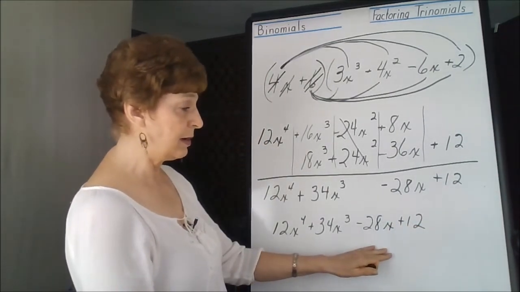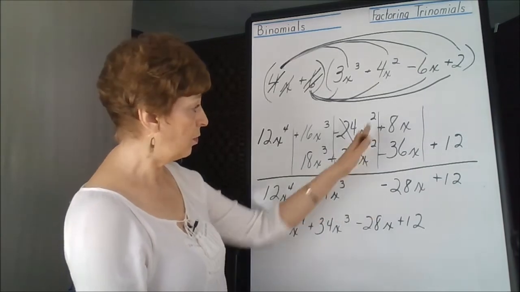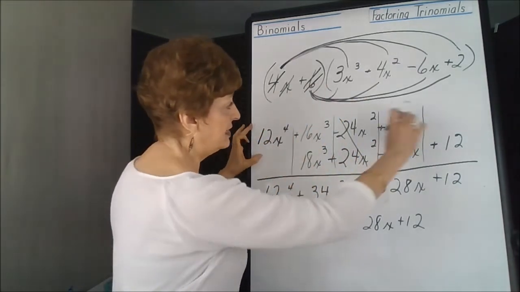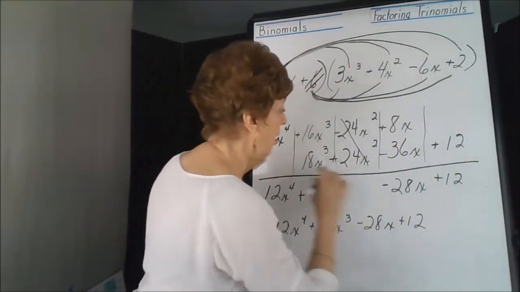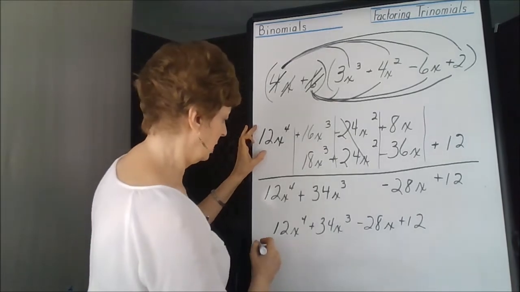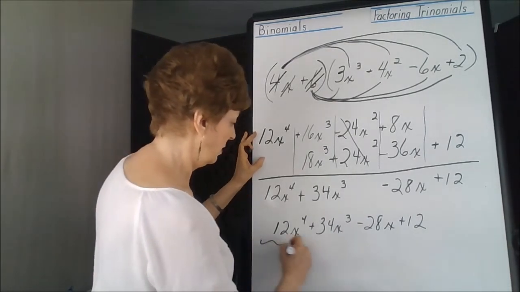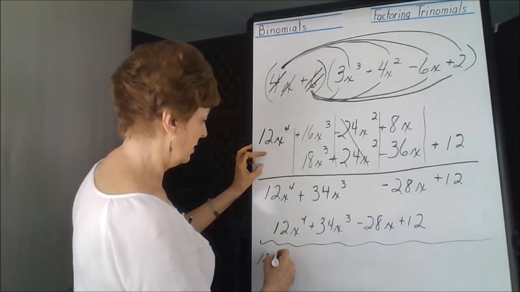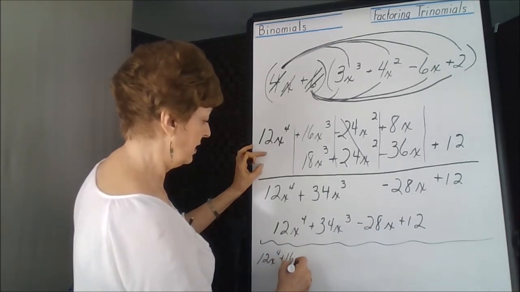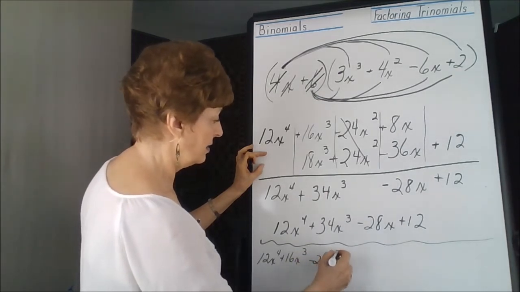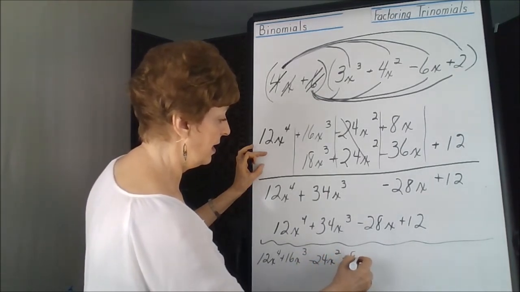But it would be easy to do with these columns. If we FOILed it, all of these numbers would be side by side with all of those. So it would basically look like this. Okay, 12x to the 4th plus 16x cubed minus 24x squared plus 8x.